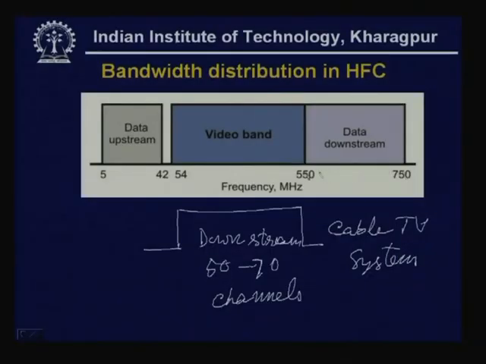On the other hand, large volume data flows from the internet to the users. As a consequence, you require higher bandwidth for downstream data compared to upstream bandwidth. That is why the upstream bandwidth is smaller compared to downstream bandwidth, and we have seen a similar situation in DSL technology also.